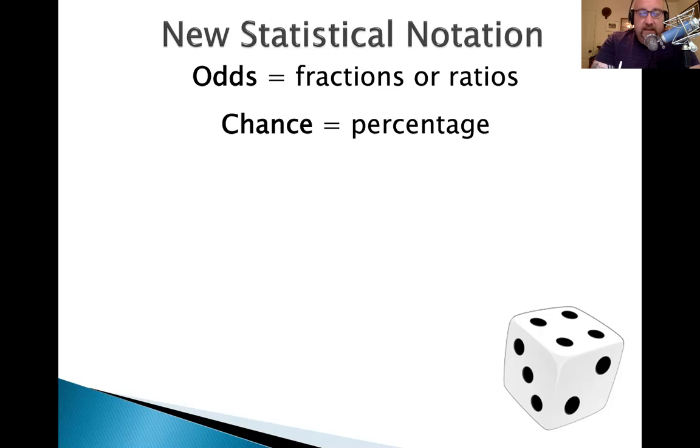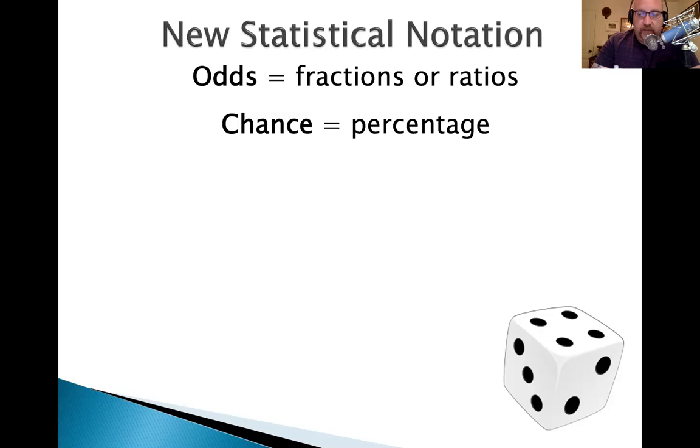And then chance, that's probably how we speak more, right? We speak more in terms of chance. So if you said, what's the chance that I would roll a six the first time you roll a die, you would do a real simple mathematical formula to figure that out.